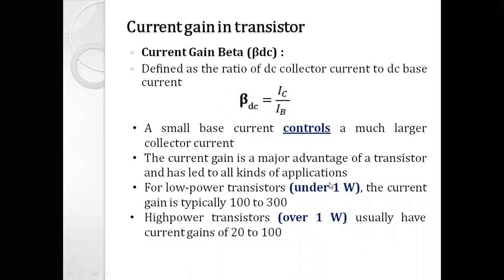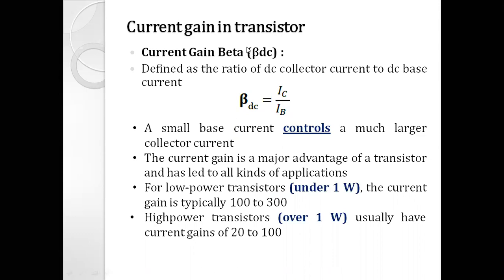Next, the current gain in the transistor is beta. Again, beta is also the ratio between two currents. The first current is the collector current and the second current is the base current.